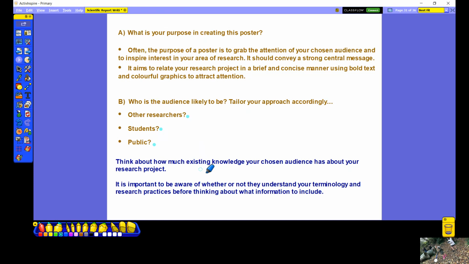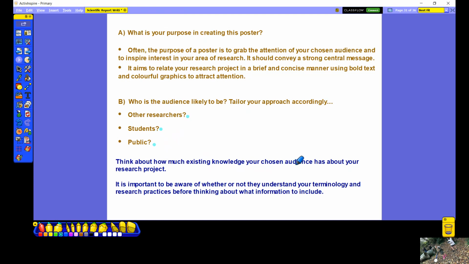You need to be really aware of your audience, because depending on who they are from this group, they're going to have different levels of knowledge. So other researchers, of course, they're really going to be very aware of the woods and the ecosystems and the language that you're using. But the public, potentially less well, or students and people who haven't undertaken this project.